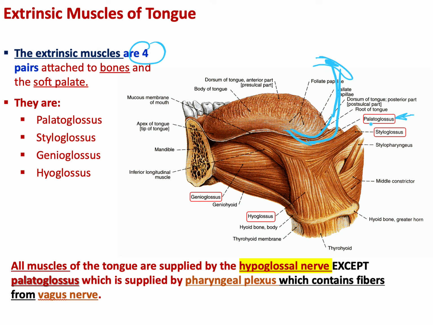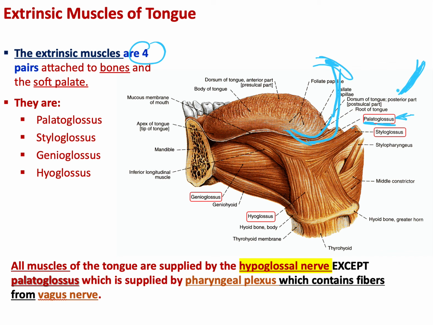So this muscle is the palatoglossus muscle, which is easy to remember. Also, we have a muscle that originates from the styloid process of the temporal bone. This is a small process of the bone related to the temporal bone.